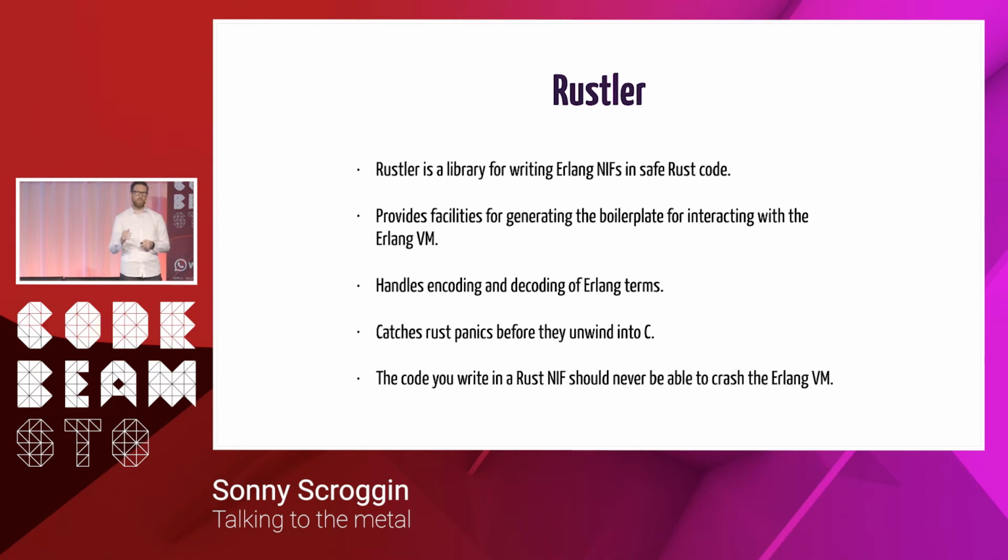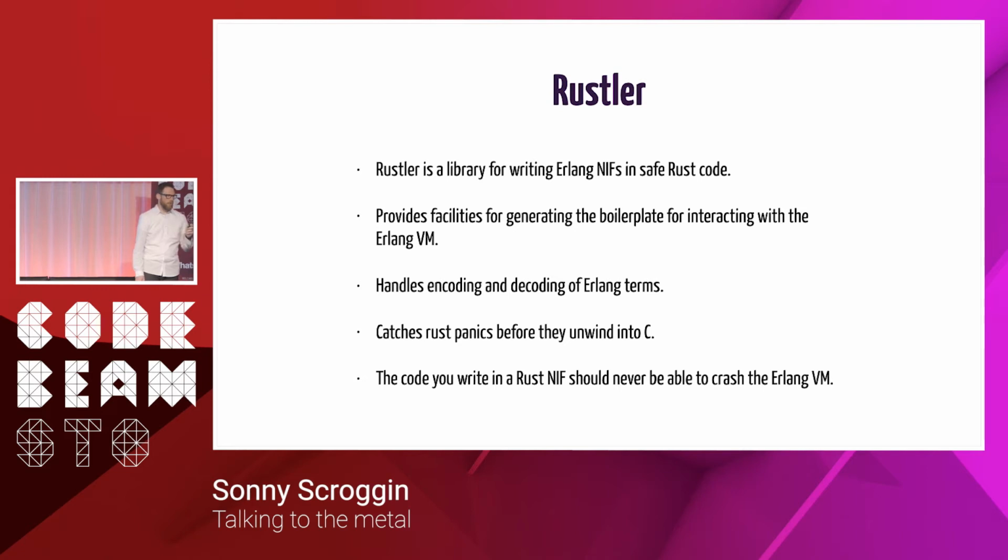And it catches any Rust panics before they unwind back into C, which would then cause a panic in C and take down the VM. One of the goals of Rustler is that you should never be able to write a NIF that would crash the beam. So far, I think that's pretty accurate. There are some edge cases that are still possible, unfortunately, but it's definitely rare.